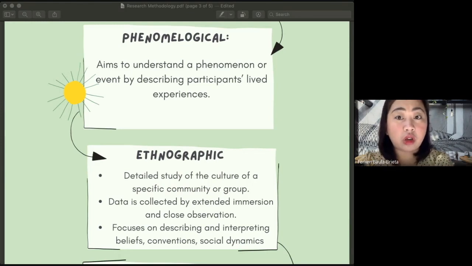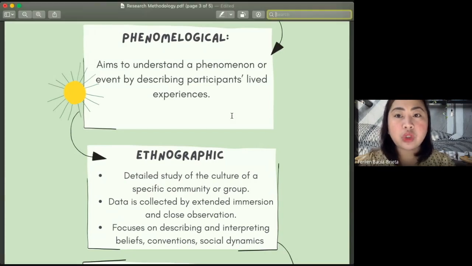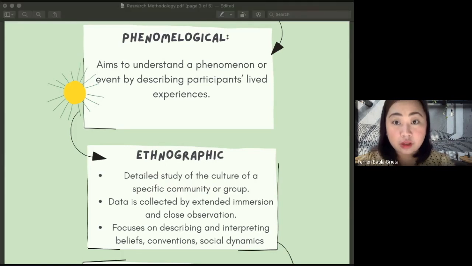In simpler terms, if you want to discover a phenomenon which requires the lived experiences of the people, that is called a phenomenological research design, a qualitative type.